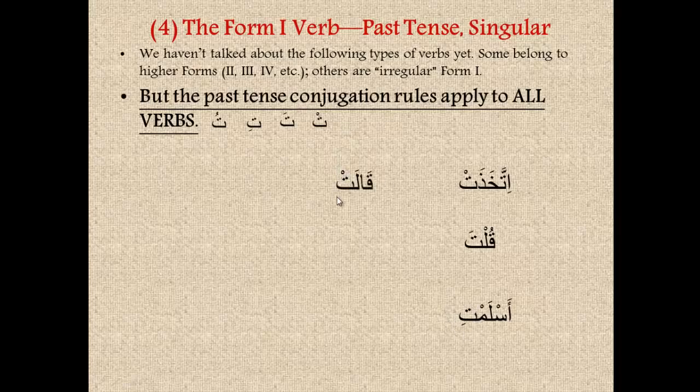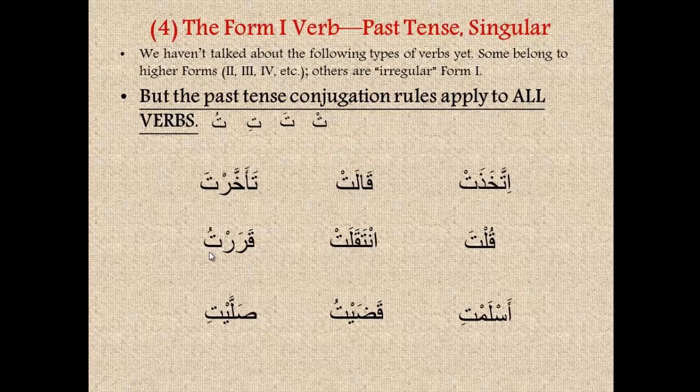Qalat, we know it's conjugated for hiya. Intaqalat, conjugated for hiya. Qadaytu, conjugated for ana because of the tu. Ta'akharta, conjugated for anta because of the ta. Qarartu, conjugated for ana because of the tu. And sallayti, conjugated for anti because of the t.